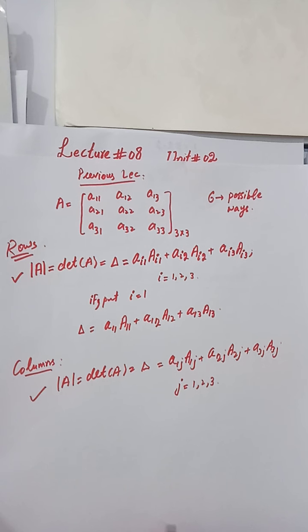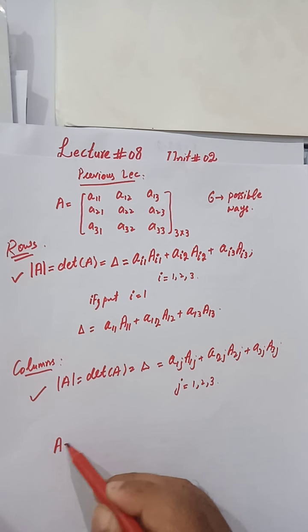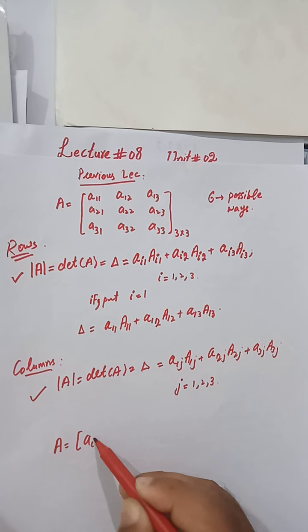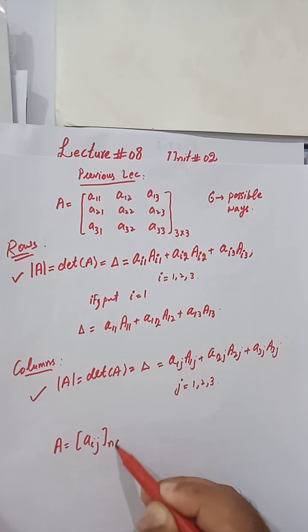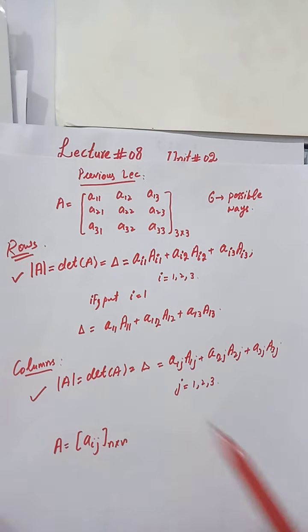After that we discussed a matrix of order n by n. In mathematics we always generalize the concepts. So if I want to generalize this concept, instead of a 3 by 3 matrix I will take an n by n matrix.